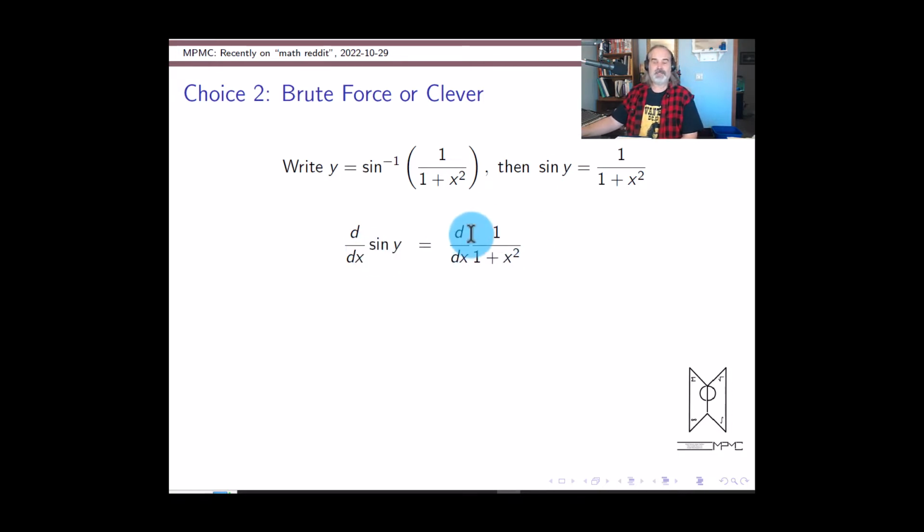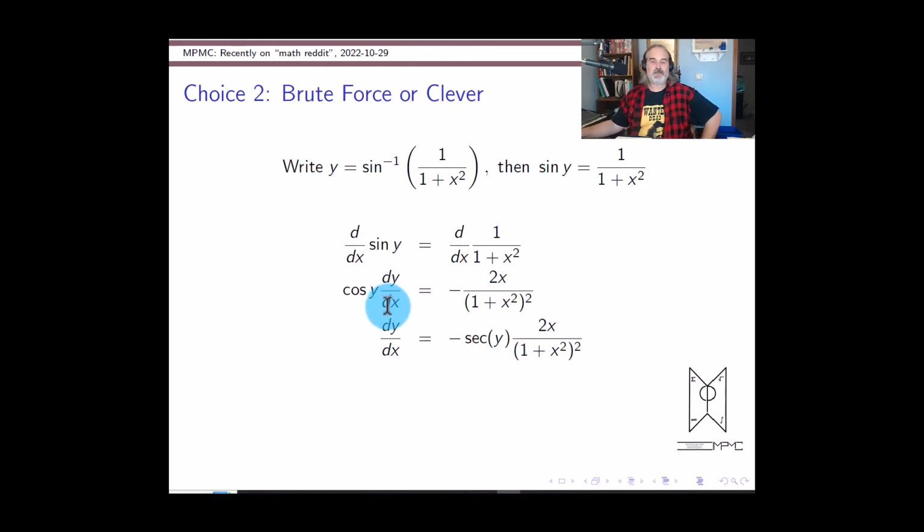The right side is just this derivative of 1 over 1 plus x squared that we already worked through. The left-hand side says derivative with respect to x of something that's written as a function of y. Well, the chain rule says just do it like you would the derivative of sine of x squared. It's the cosine of that thing times the derivative of that thing. Right? There's your implicit differentiation.